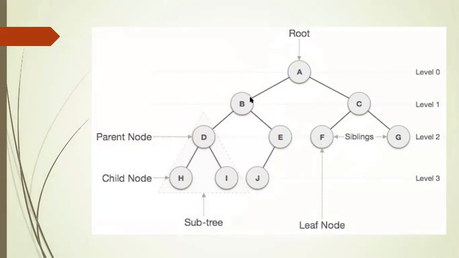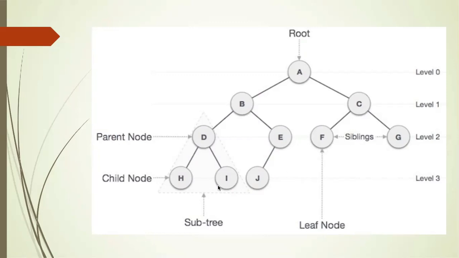Here B and C are the child nodes of A. So there'll be two subtrees, subtree B and subtree C. The node A is the parent of B and C, and D and E are the child nodes of B, F and G are the child nodes of C, H and I are the child nodes of D, and J is the child node of E.